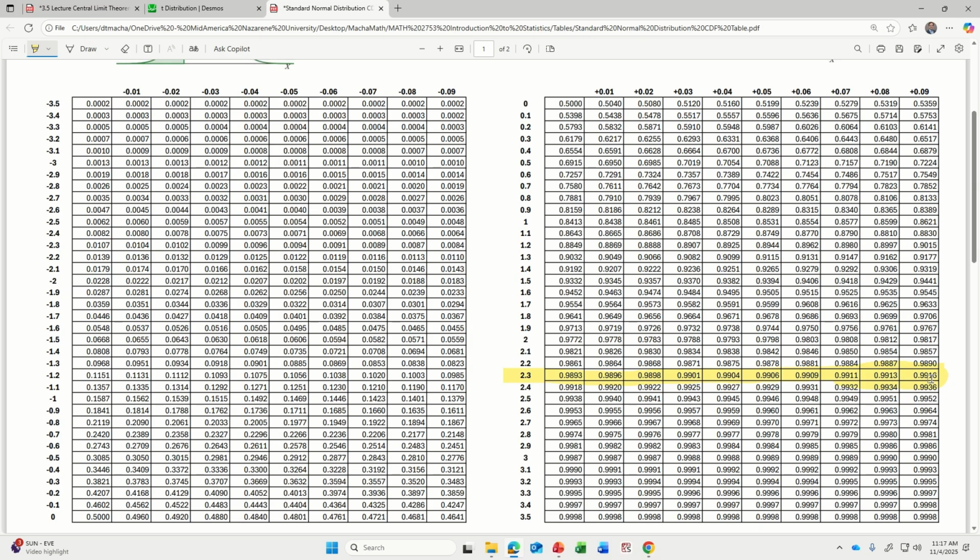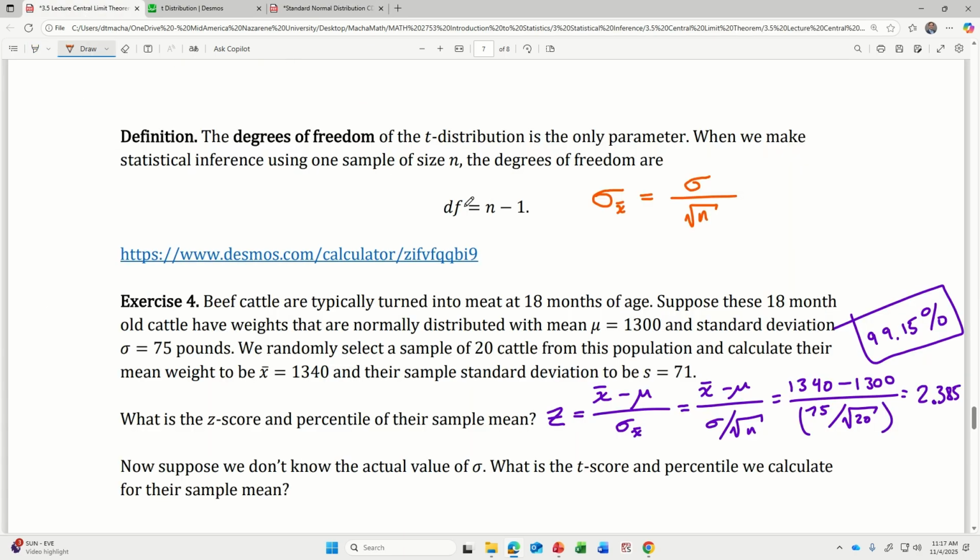So we're looking at, on the table, it's 0.9916. So if I looked up this table value, it would be 0.9916 from the table. And that's only a tiny deviation from my Desmos answer, which was 0.9915. Yep.